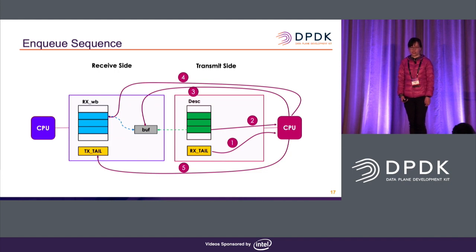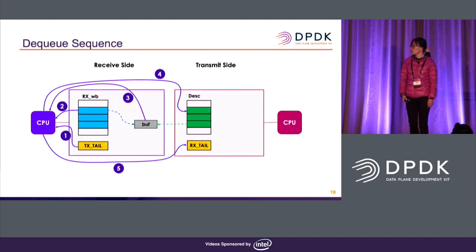So it gets the descriptor and the buffer, where the buffer is located, then copies the packet to that remote buffer. After that, it needs to write back information to the receive side about how long the packet is, and then update the TX tail. That means the packet is transmitted successfully.